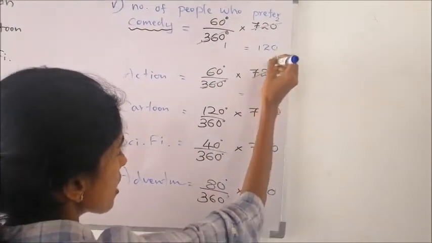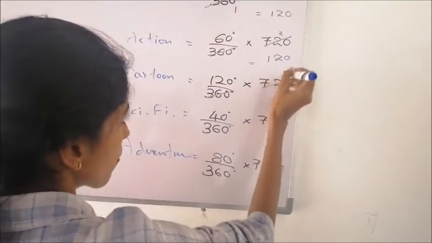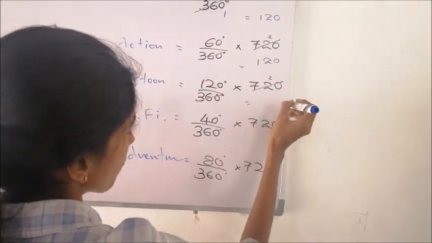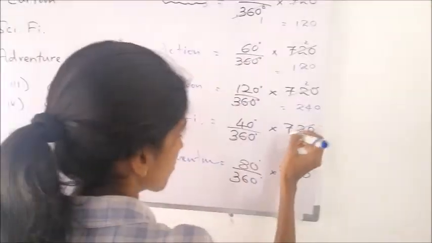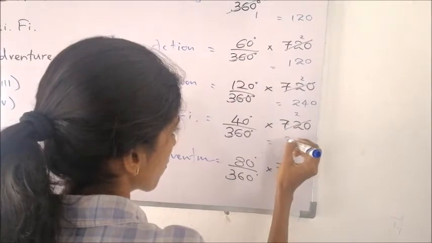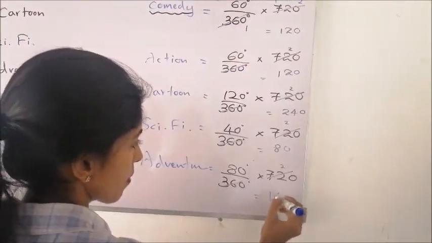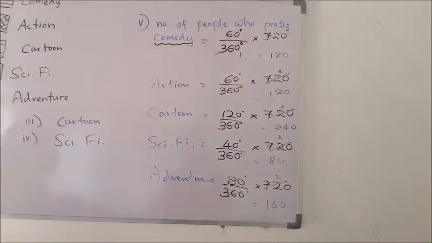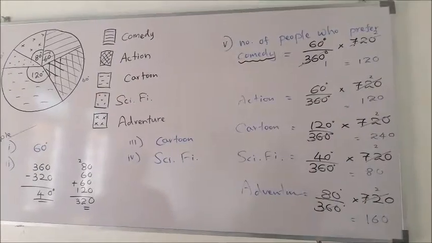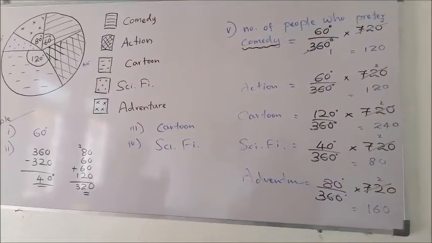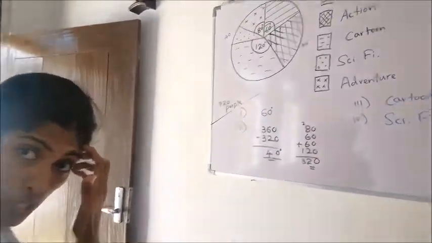In the same way, we can cancel: 120 people, 240 people, 80 people, 160 people. When you know the angles, for the fraction you take the angles, then multiply it by the total number of data given to you.